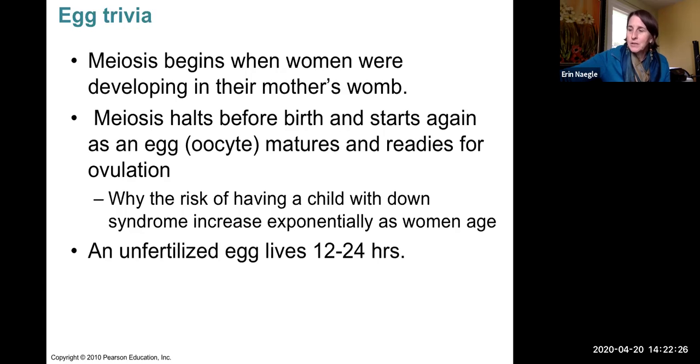And that begins at puberty for men, and they're developing and producing millions of new sperm every day. Well, it's a different story for women, in that the process of developing new gametes, being eggs or sperm, happens when that woman was still in the womb of her mother. So when those ovaries first start to develop, the meiosis process of those eggs begins and then halts, goes into a sort of hibernation, if you will, until the woman reaches puberty.